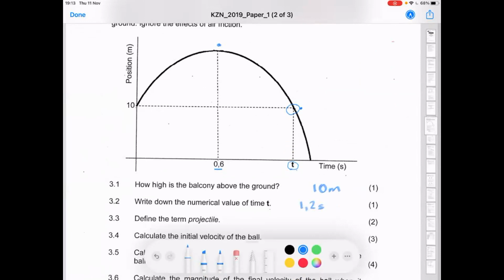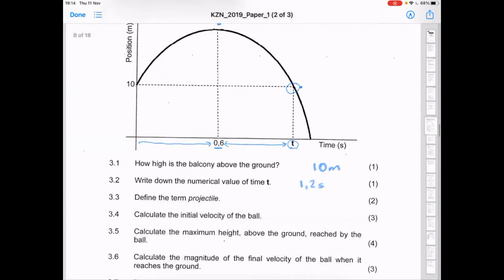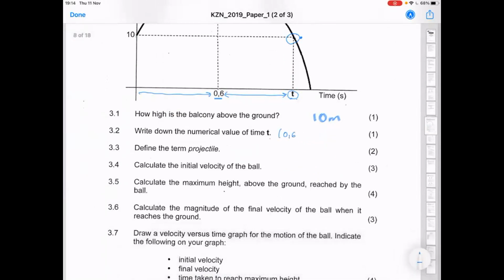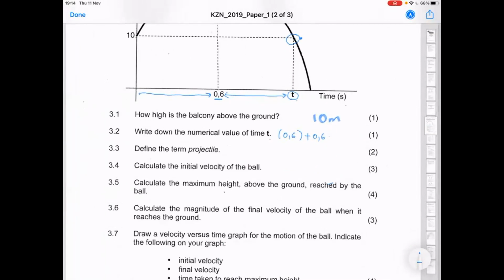So if it took 0.6 seconds to go to the maximum from 10 meters to the maximum height, then to come from the maximum height back to 10 meters will take the same time. So it'll also be another 0.6 seconds. So the numerical value of the time is going to be 0.6 plus 0.6, which is equal to 1.2 seconds. Okay, that's how you get 1.2 seconds.